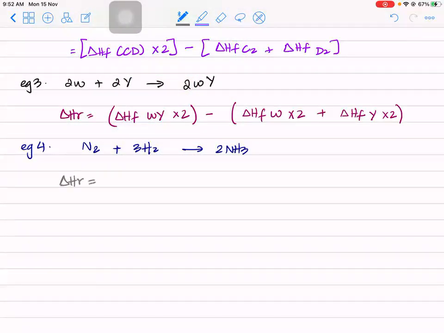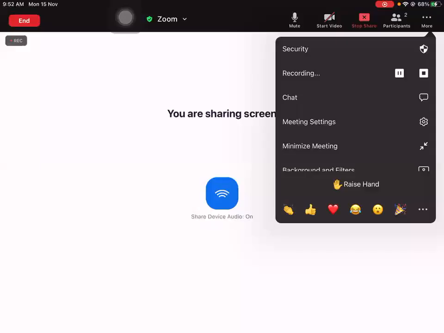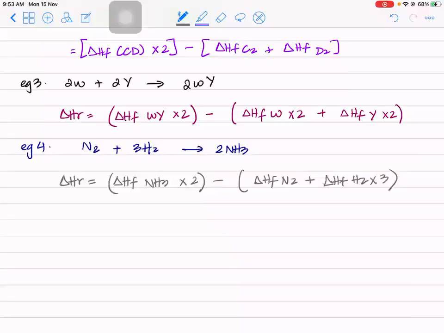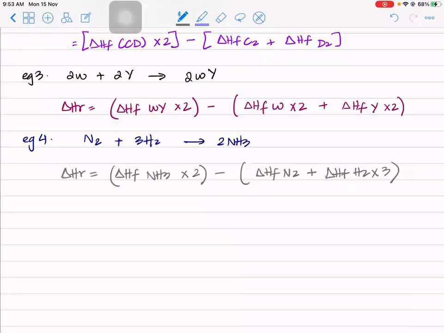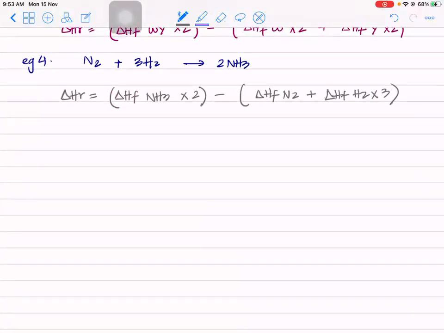Delta H of the reaction is equal to formation of ammonia times 2 minus formation of nitrogen plus formation of hydrogen times 3. Is this clear? Understood?